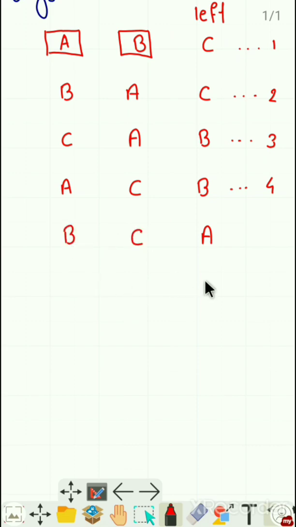In the next case, A is left out, C here and B here.